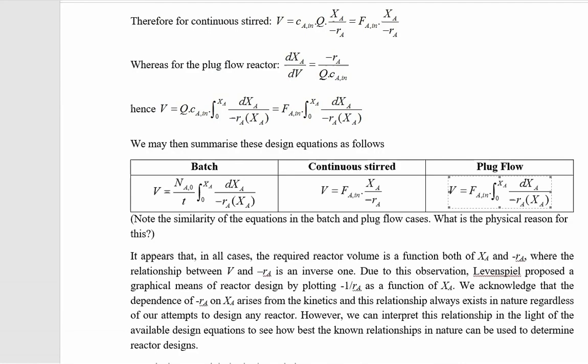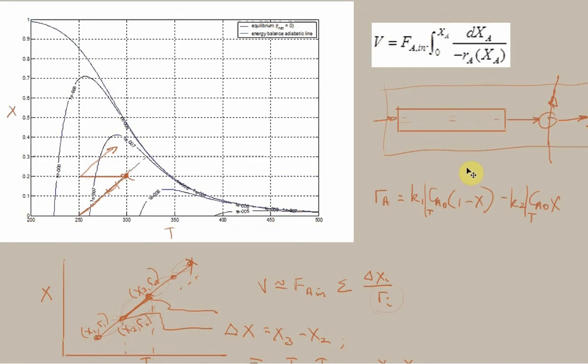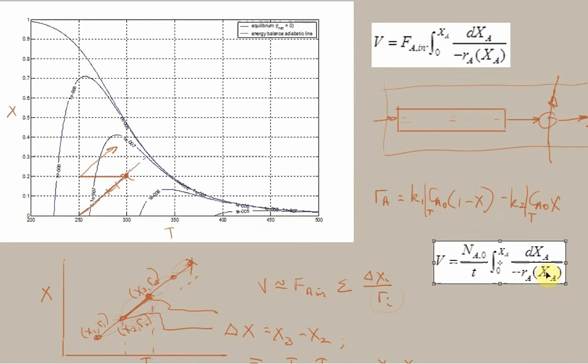So here's the batch reactor, and if we look at this equation, we can see here that we've got that same integral. So we do have the same integral, and this time we also have this variable t.